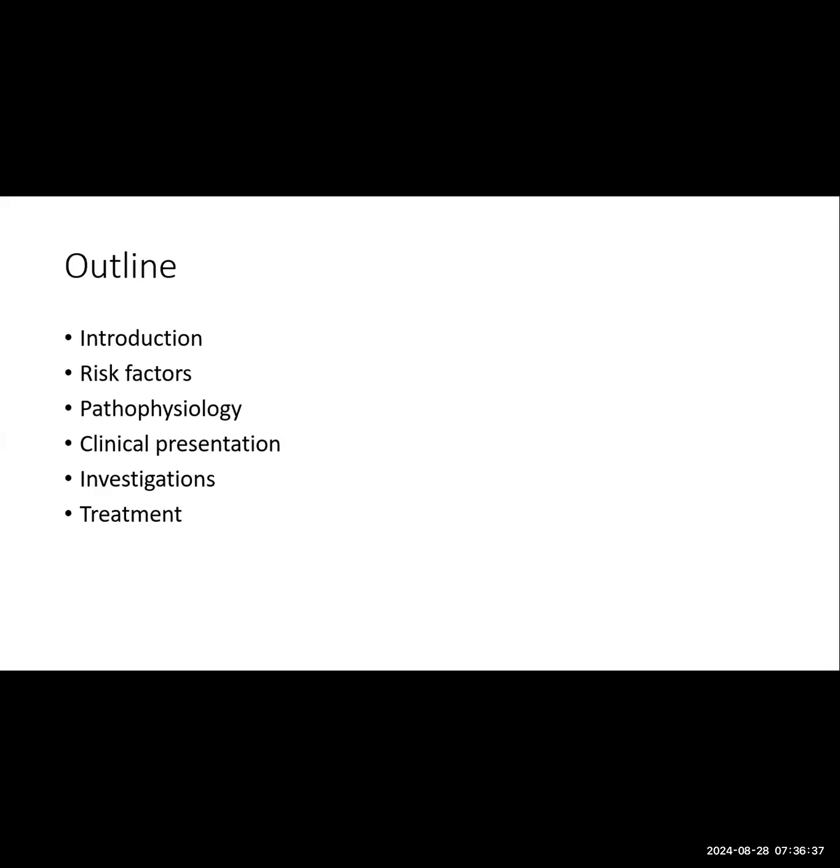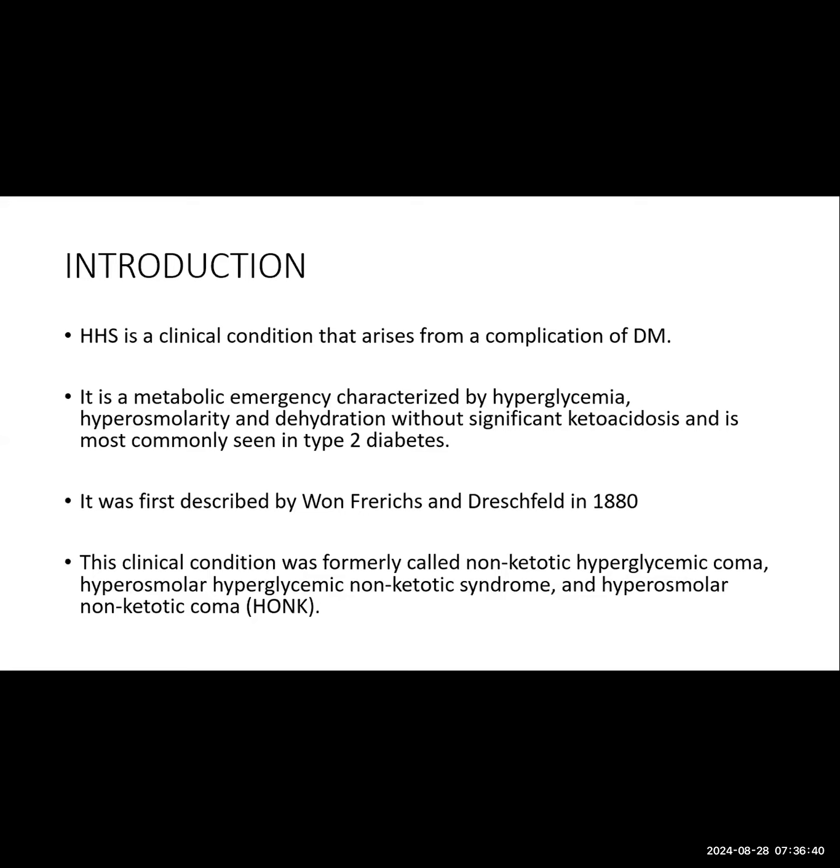I want to give a short review on hyperglycemic hyperosmolar states. This is the outline. Introduction. HHS is a clinical condition that arises from a complication of DM. It is a metabolic emergency characterized by hyperglycemia, hyperosmolarity, and dehydration without significant ketosis, and is most commonly seen in type 2 diabetes.